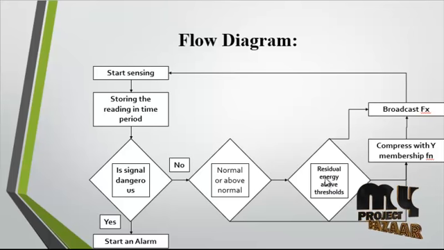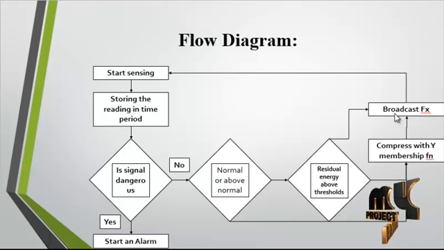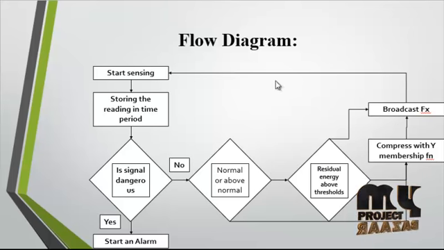Then after the residual energy above threshold, go to the broadcast process. It means the compression process will be continued. Otherwise, the broadcast process will be continued and after that sensing will occur in a looping structure.